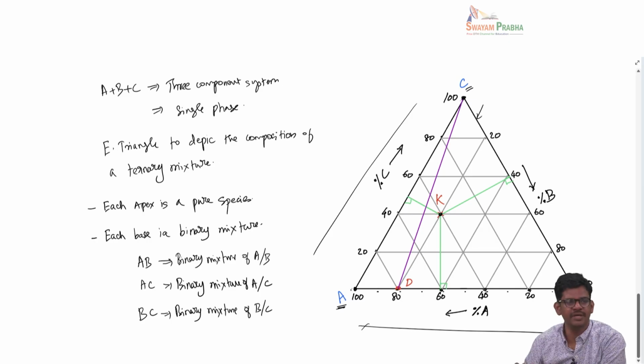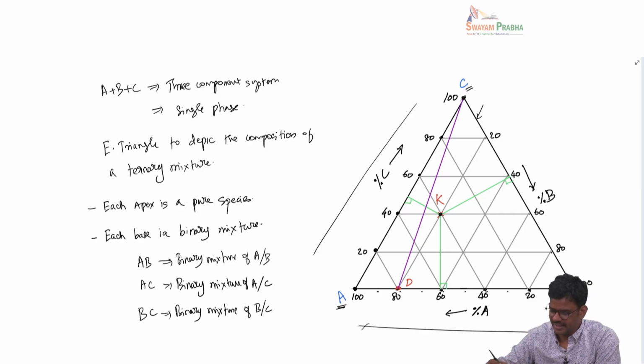Because in the line AB only A and B are present, we go from 0 to 100% A. Similarly, if I take line AC, here C is 0 because it's A, A is 100%, so C is 0 here, C is 20% here, C is 40%, 60%, 80% and going to 100%. So it is basically a linear scale. Similarly, along the line BC, this is 100% C, that means B is 0, and here B is 20%, B is 40%, 60%, 100%.